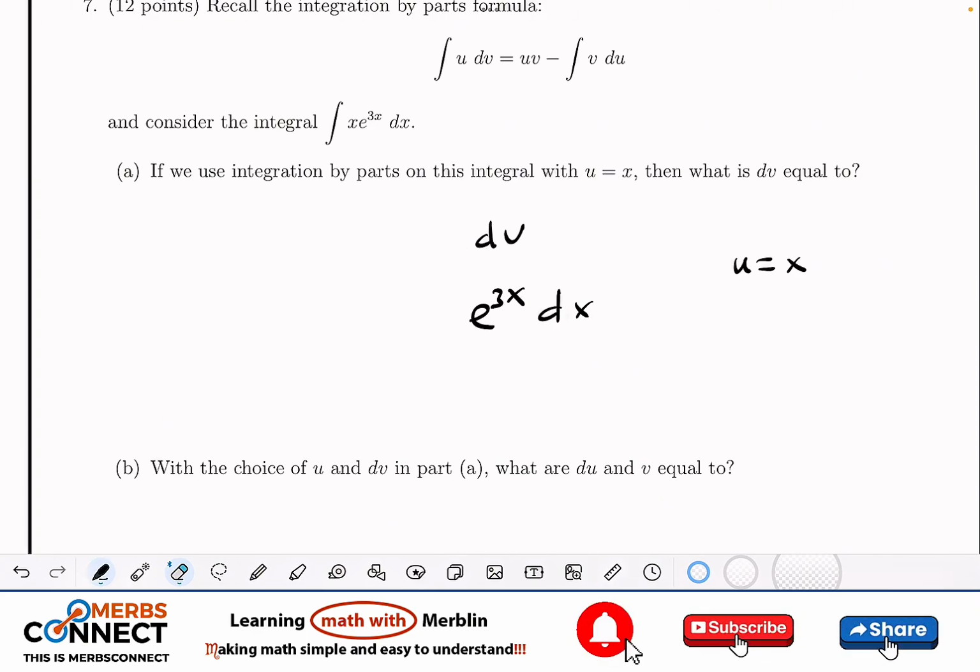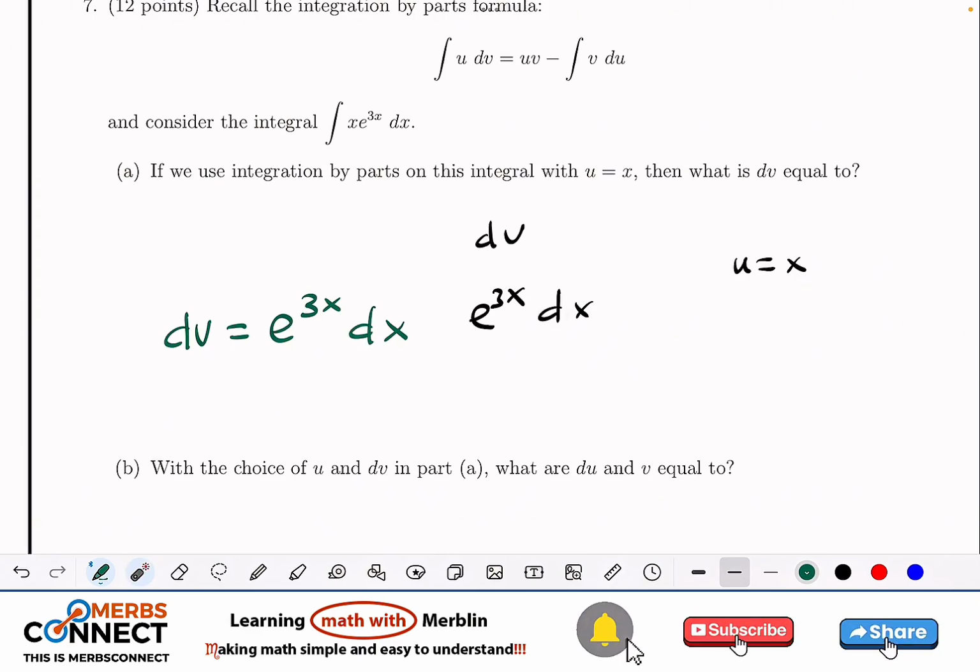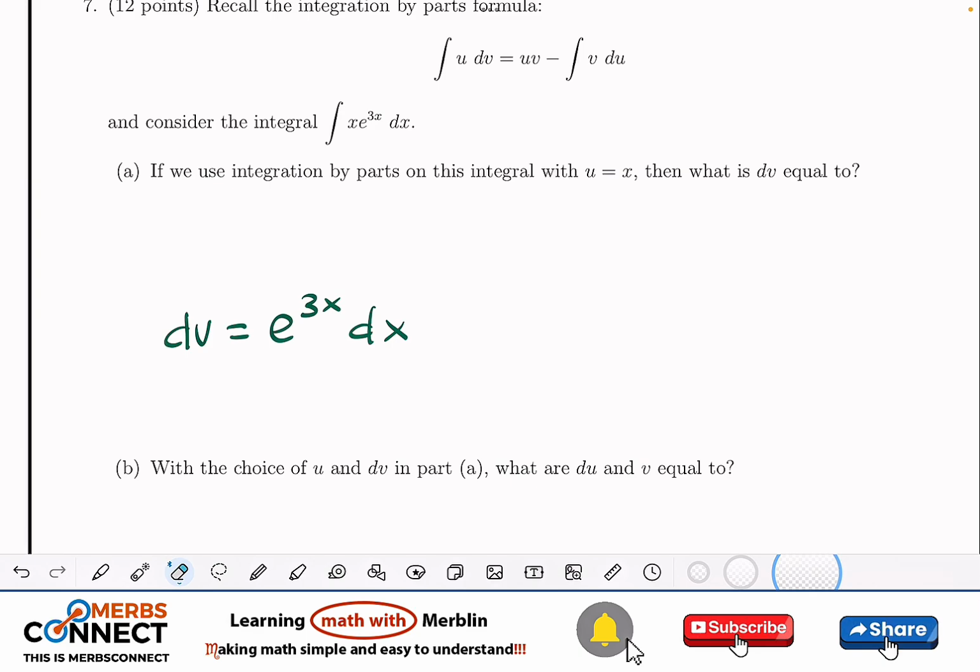Everything left is the dv. So our dv is equal to e to the power 3x dx. That's one thing that you need to know. When I pick u to be this, everything left is for this guy here. You see the way I covered it, and then I was able to figure it out. Good. So that will be my dv.